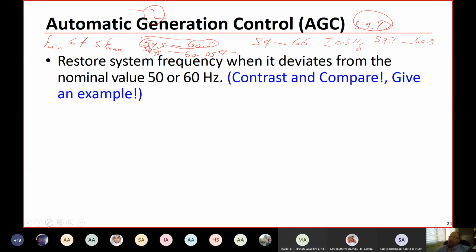Of course, this is the power system operator's responsibility in any utility. Experience: how much the loads, how much the critical loads, how much the non-critical loads.